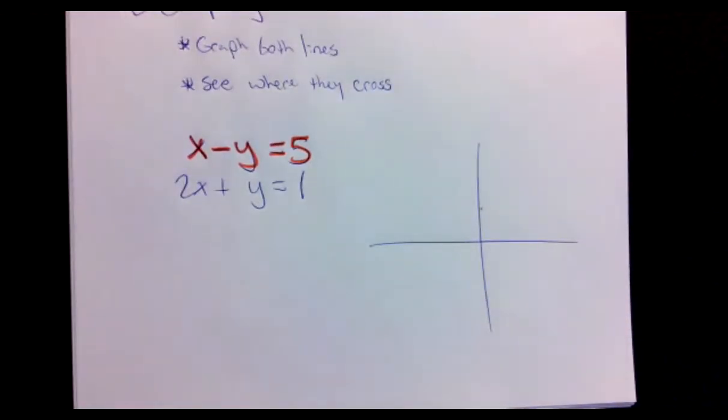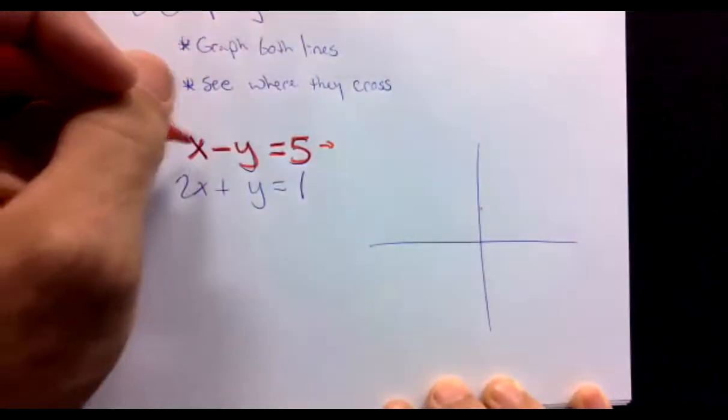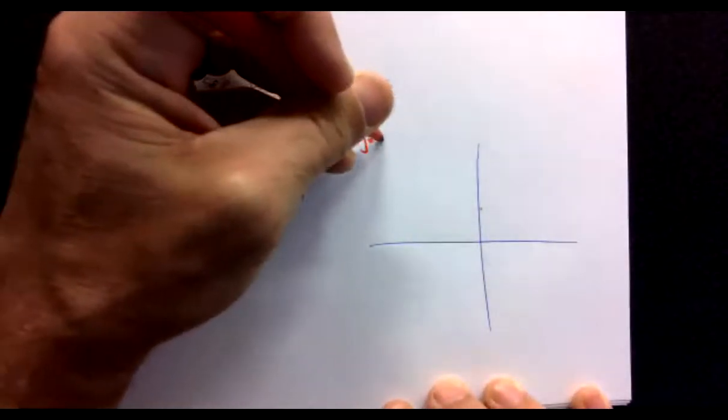Now, when it comes to graphing, there are a couple of different ways to do this. You can just find individual points that will work. You can find your x and your y intercepts. You can find slope-intercept form. Most people remember slope-intercept form, so I'm going to do it that way. So for example, if we want to get y by itself, I'm going to subtract x.